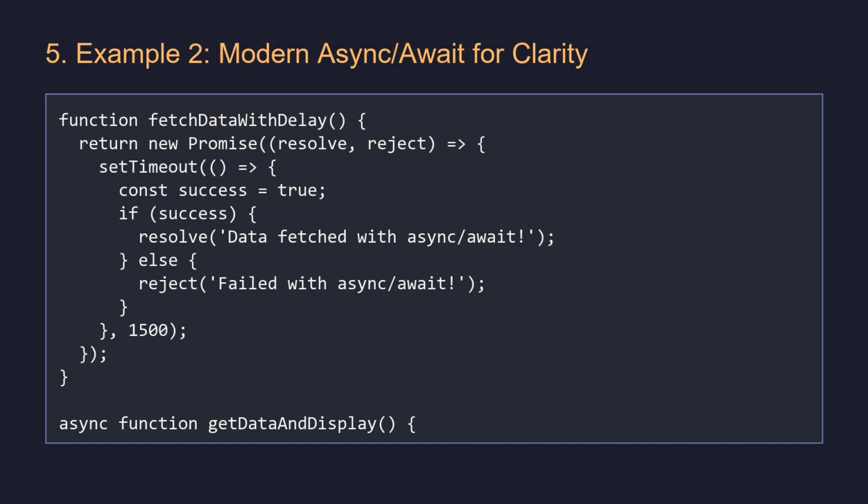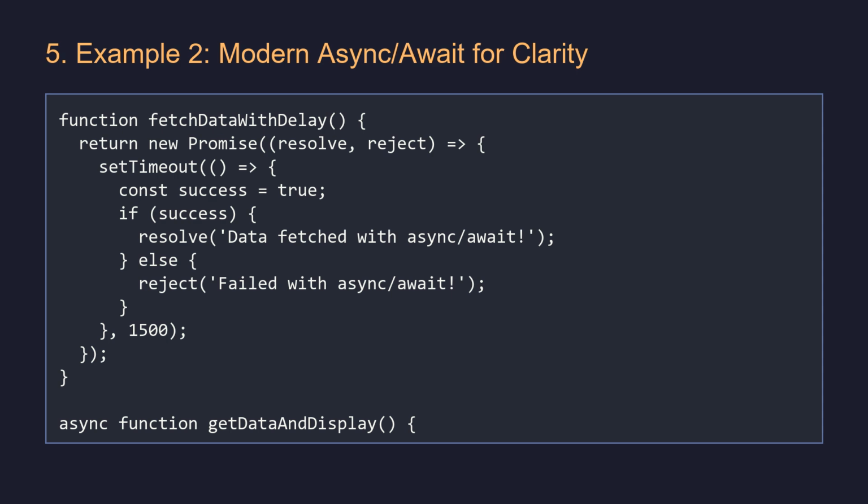While then and catch work great, JavaScript offers a more readable way to handle promises: async await. You declare a function as async and then use await before any promise-returning function.